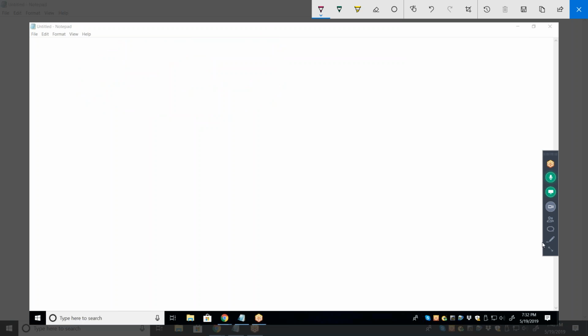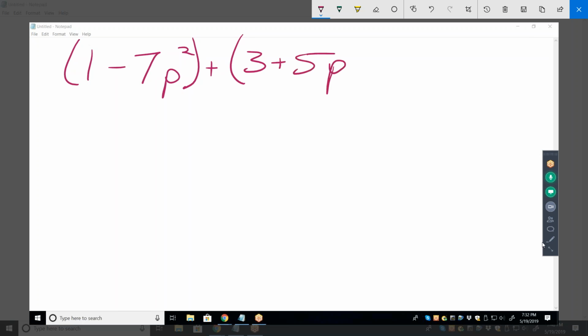Okay, what next? What other subject? Next subject is we're just simplifying expressions. Parentheses 1 minus 7p squared, and then plus parentheses 3 plus 5p squared. Like that?